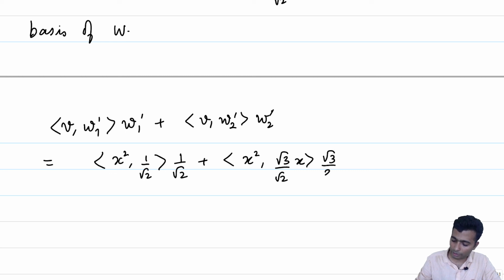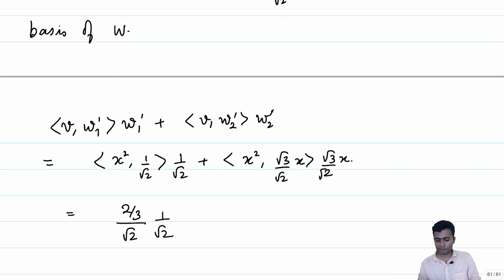I have already done the calculations here. This is just going to be 2 by 3 by root 2 times 1 by root 2 and the next term vanishes, and this is hence equal to 1 by 3.